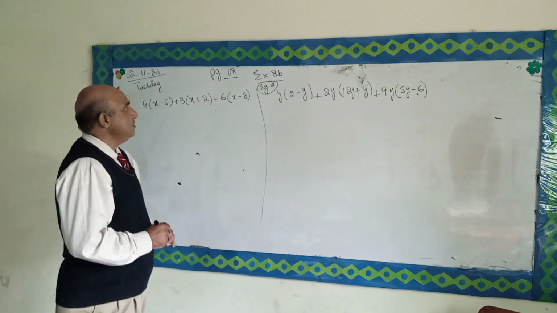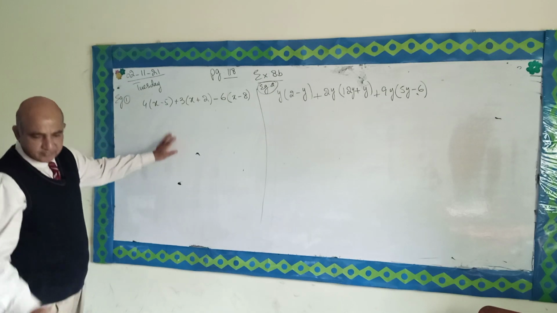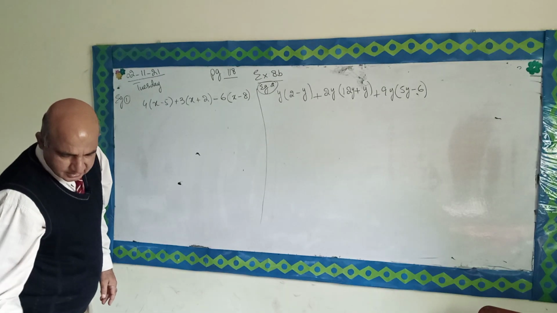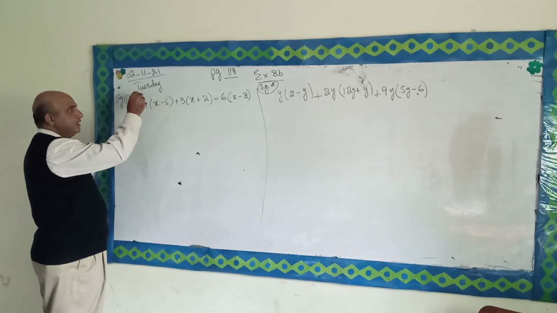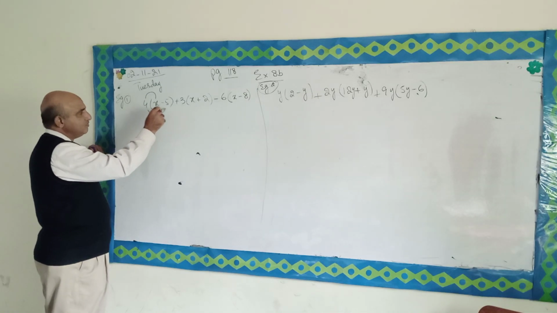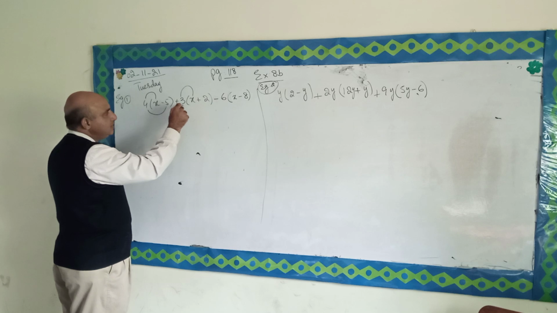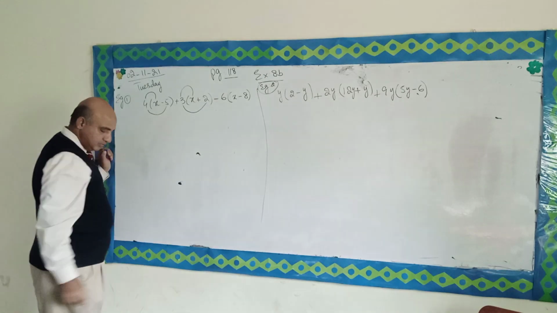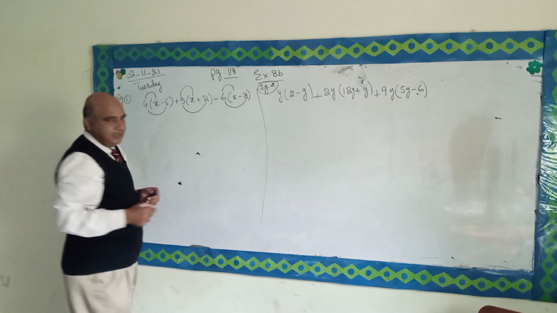Now here we have the brackets, and in these brackets we will multiply this number first with this variable and then by this number: here 3 with this variable and then by the number, and here 6 by x and then 6 by 8.